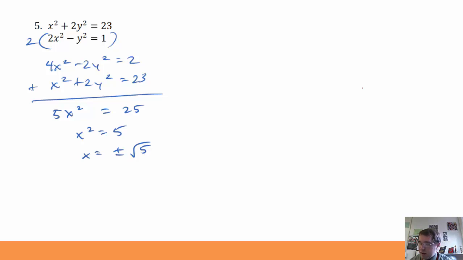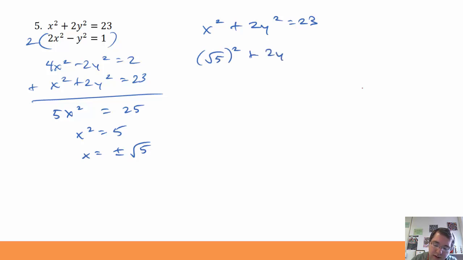Okay? So if we take one of our two equations, it doesn't matter which one, I'll take the first one, and I plug in the positive square root of 5. I'll have to square that. That'll give me 5.